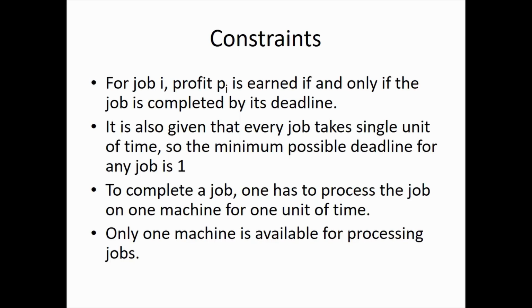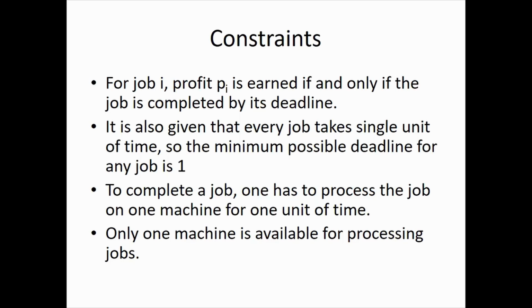If we say Pi is earned, it means the job i was finished by its deadline. The second way is if the job is finished by its deadline, then automatically profit Pi is earned. So that's why this is if and only if.